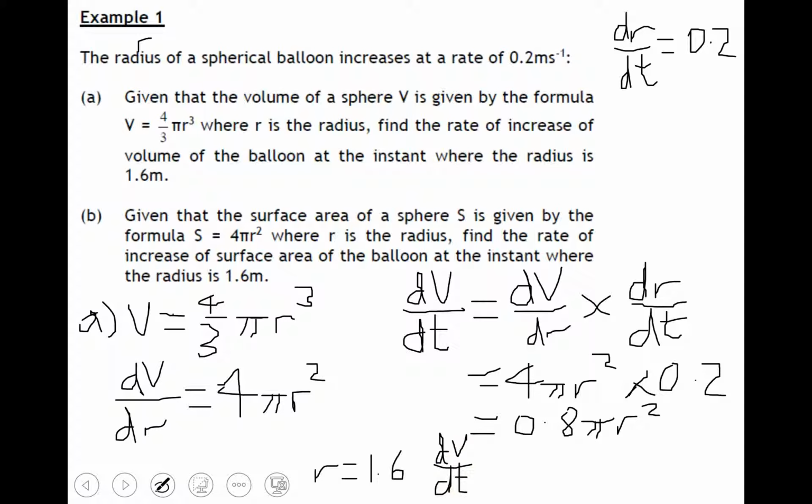So we stick 1.6 into the formula, and then we use a calculator. So we get 0.8 times pi times 1.6 squared, and to 3 significant figures we get 6.43.